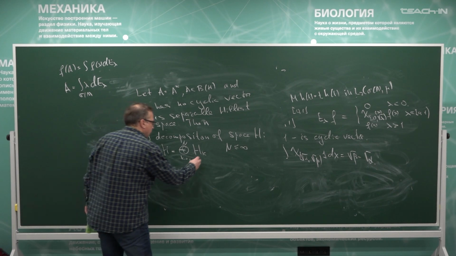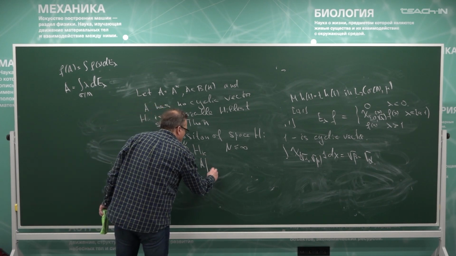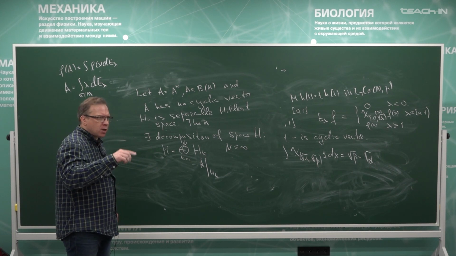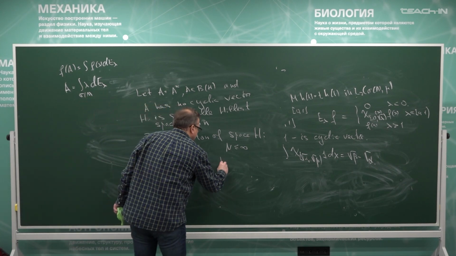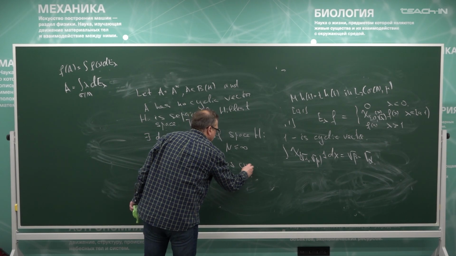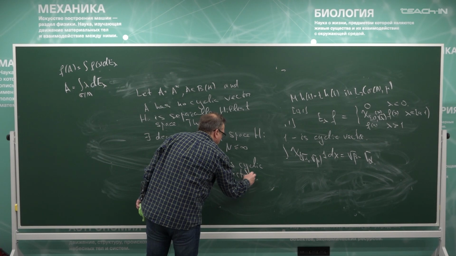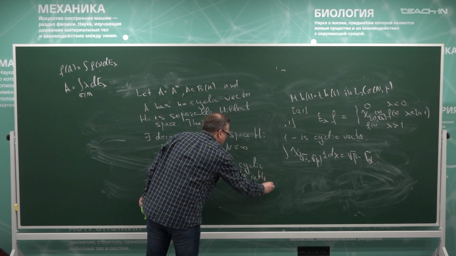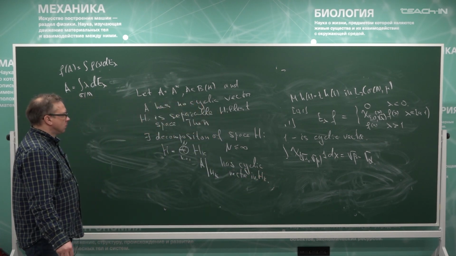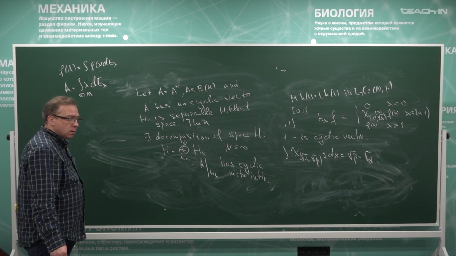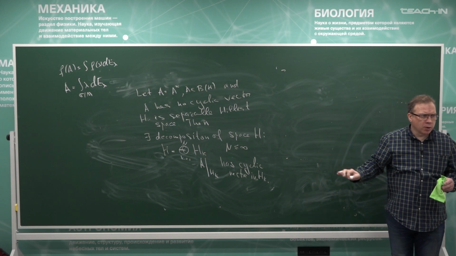And the operator A reduced on Hk has a cyclic vector in Hk for every k. Yes. Take it, the theorem is without proof.